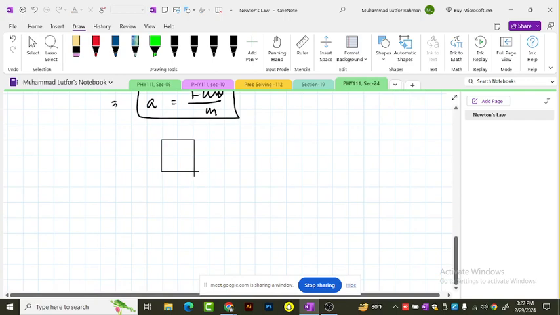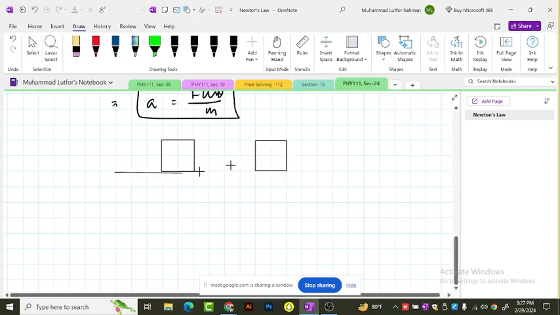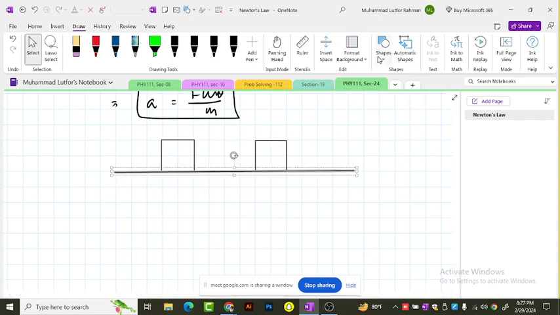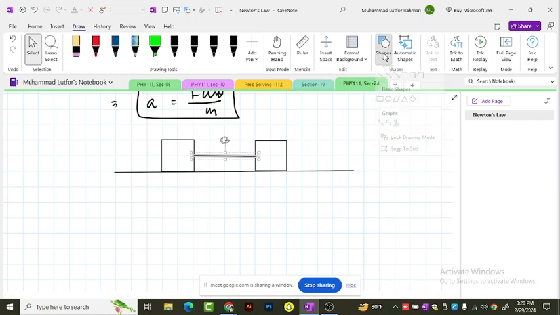Let's say I have two blocks right now, and I'm going to drag these two blocks by applying a force, but they are connected by two massless strings.